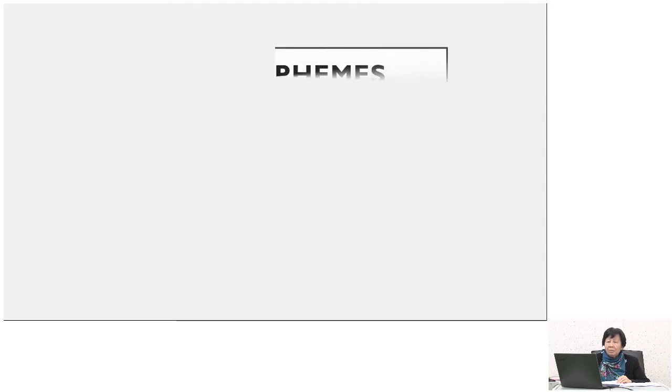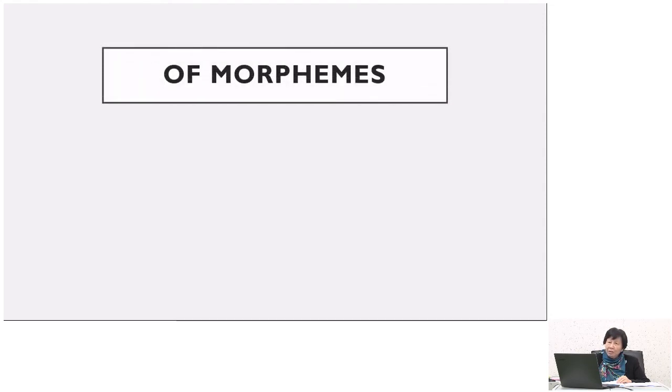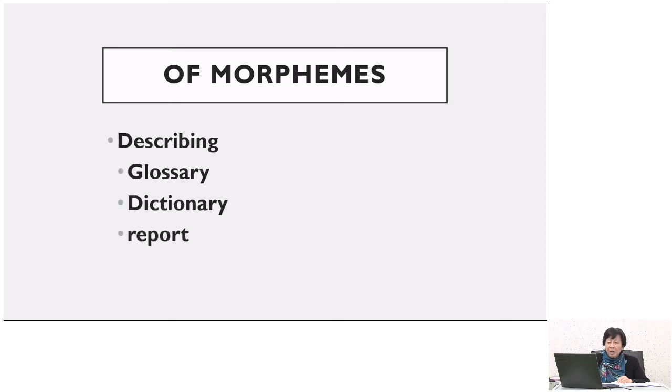And when you study morphology, or when you study to find out morphemes, you have to learn how to describe. In language description, you have to describe the structure, and you have to describe the findings you get from your data gathering.